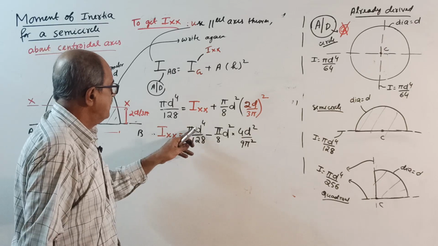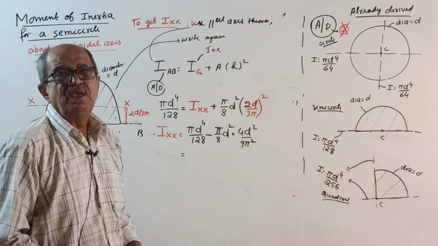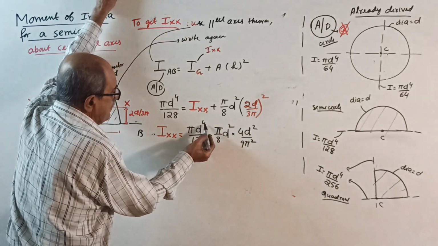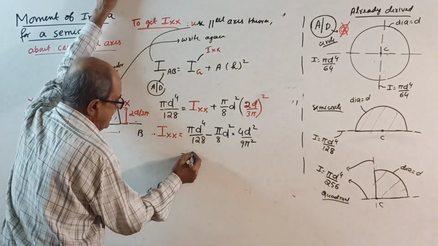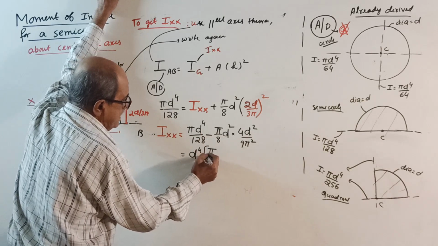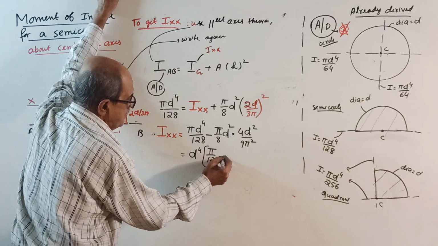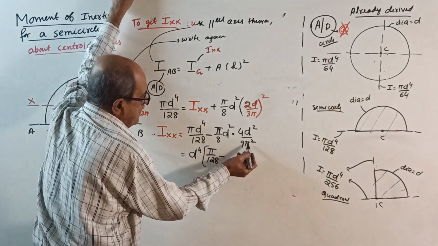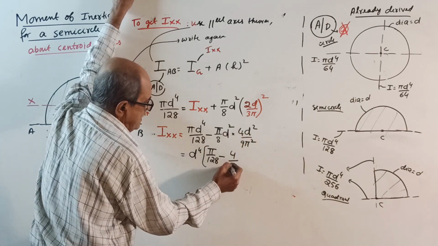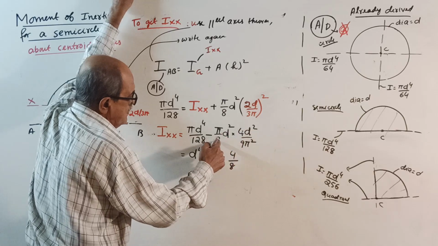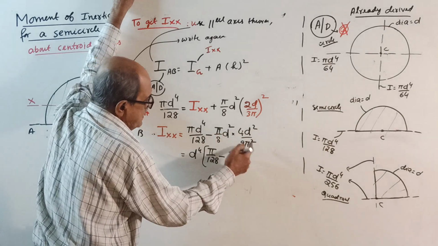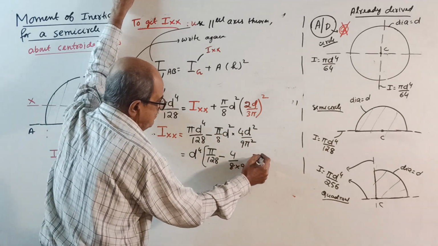Here pi comes, and here pi is not coming, so you cannot take pi common. Therefore what people do is take d power 4 out, which is already there. It is d power 4 times pi by 128 minus pi square, so 4 divided by 8 divided by 9 divided by pi.